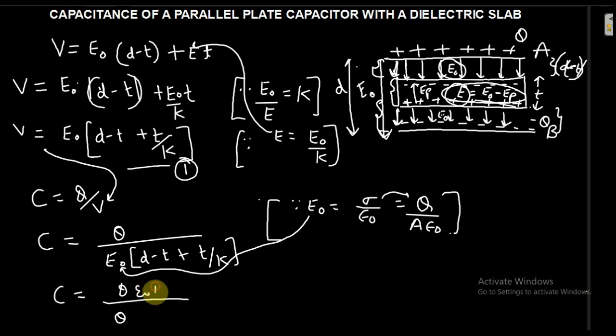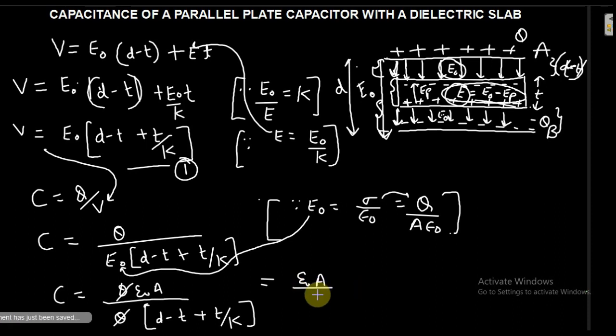That is Q by epsilon naught A, and the rest of the thing will come as it is, D minus T plus T by K. Q will cancel. In the next step, you can take T common. So D as it is, take T common, here 1 minus 1 by K. So in this way you will get the expression for C.